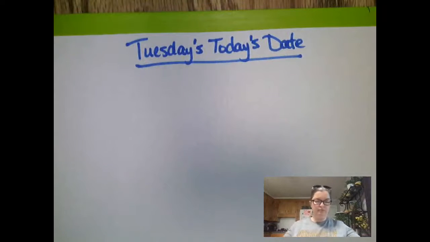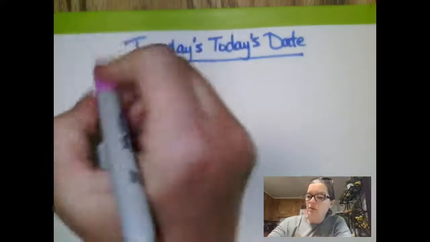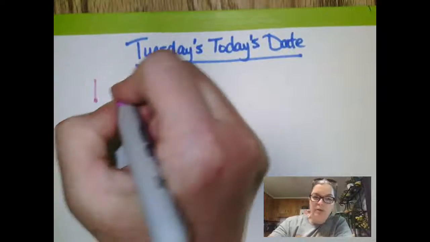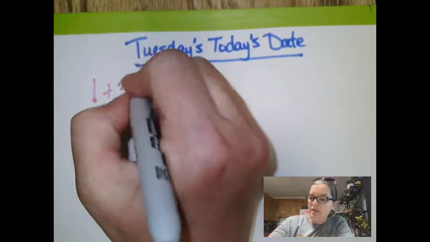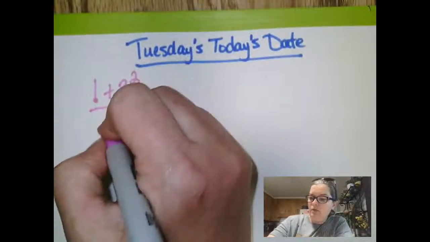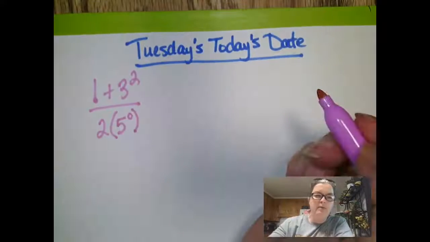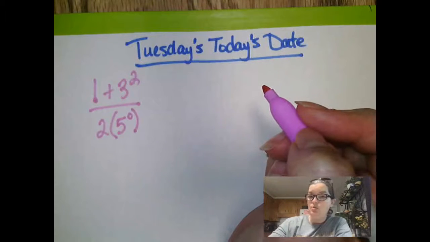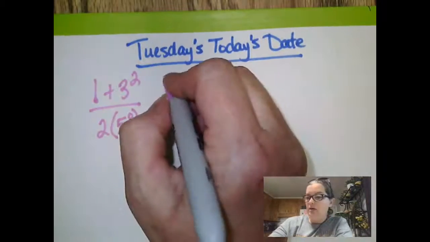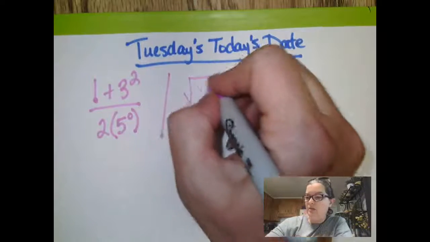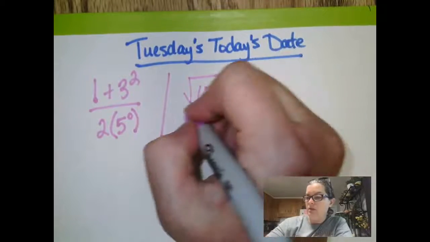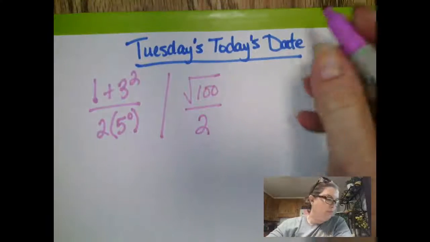I have 1 plus 3 to the second power over 2 times 5 to the 0th power. Alright, our next one, we have the square root of 100 divided by 2.